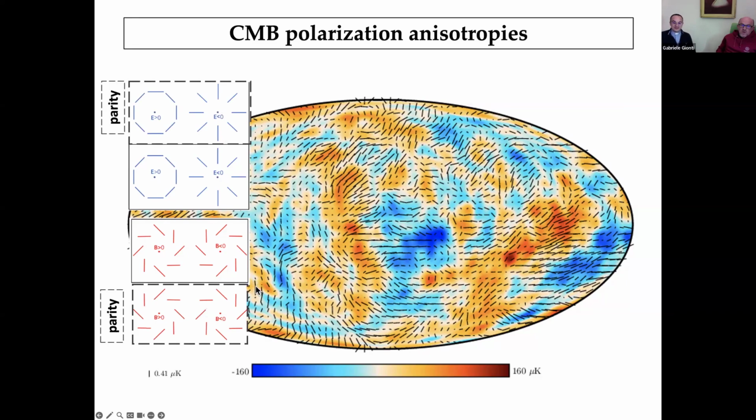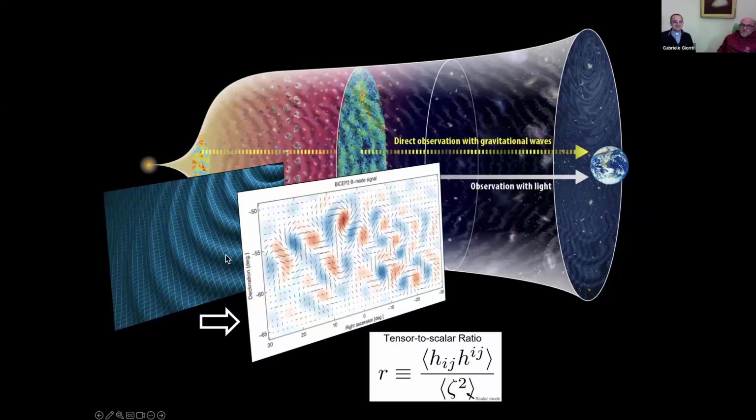And what is really interesting for us are these B modes, which are parity odd under reflection, because they can tell us something about the beginning of the universe, this inflation that I was mentioning before. I don't know, maybe someone of you remembers that this is more or less what happens. We have the primordial gravitational waves produced by inflation that induce a certain degree of B modes on the CMB.